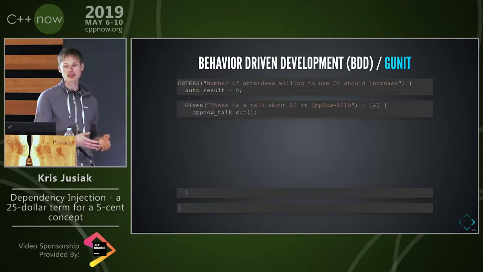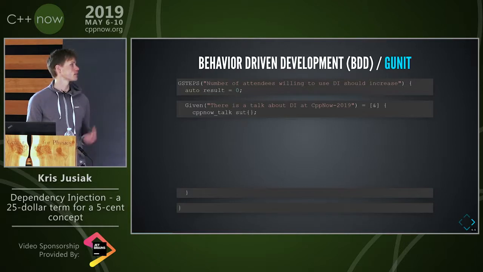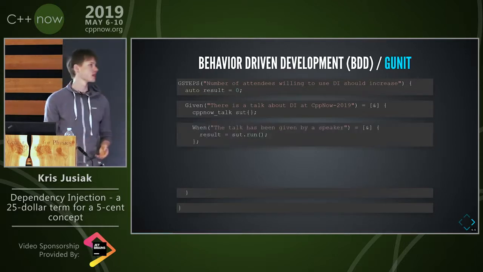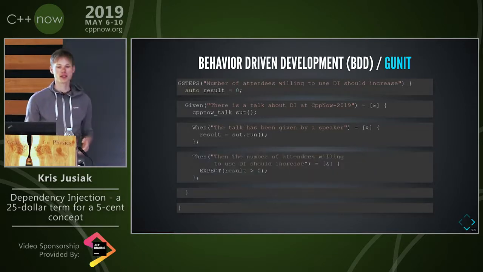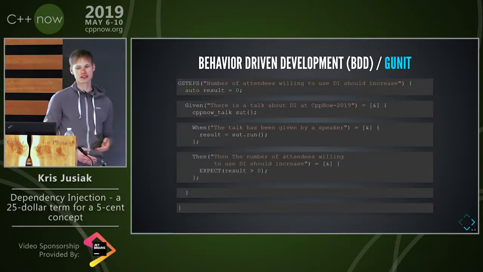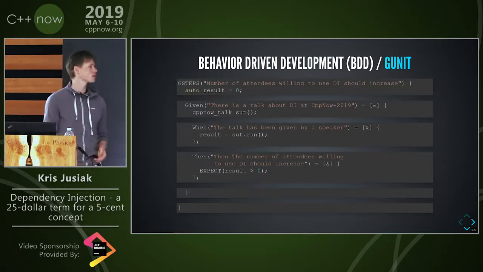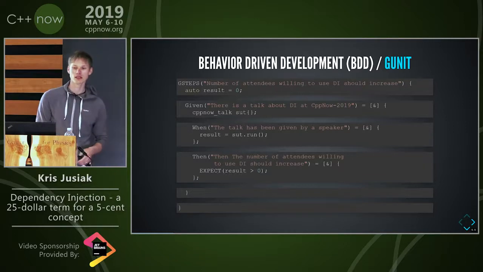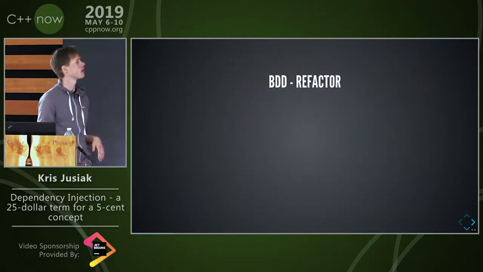Assuming there is a talk, we have one class already, the CppNow talk, which is the system under test, and that the talk has been given. So we run whatever. Then the result is that the number of attendees willing to use DI has increased. That's already better than before, right? Because we can test it in C++ using some kind of framework. That's not really important, but it's already better.